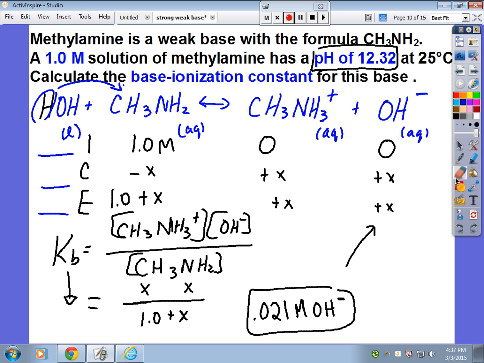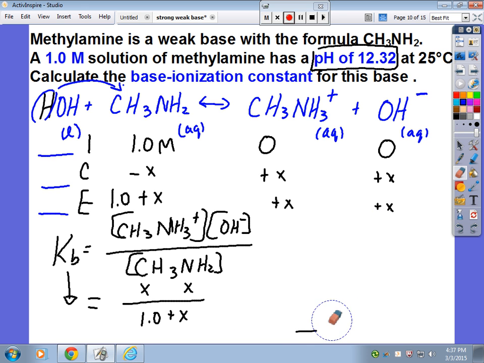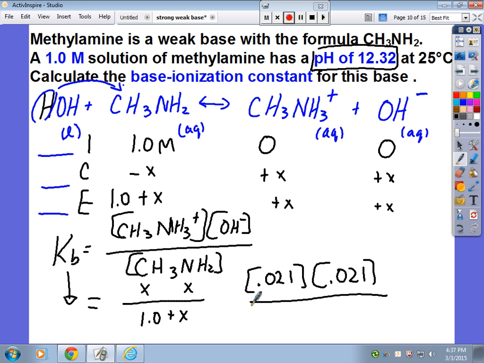So I'm going to go ahead and plug that in. I'm going to say that this is 0.021. This is 0.021. And this is 1 plus 0.021, which I can ignore if I want to.